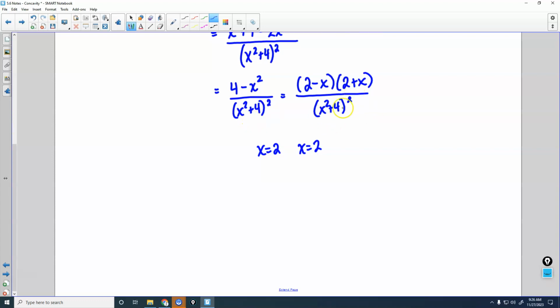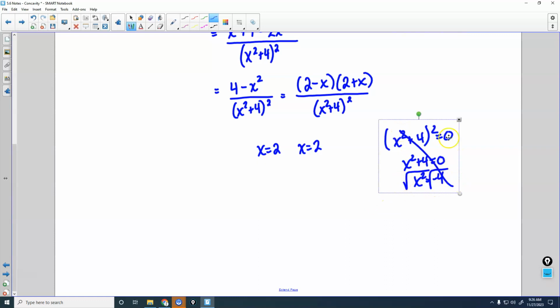So I don't even have to set that equal to 0 and try to solve. I'll get a negative under the square root if I do. But if you are unsure about it, you could do that. You got x squared plus 4 squared equals 0. That's x squared plus 4 equals 0. That's x squared equals -4. And then you try to square root a negative, so you dead end on that.